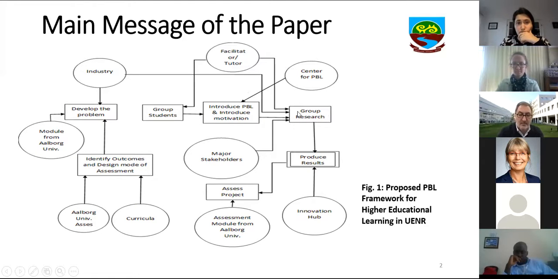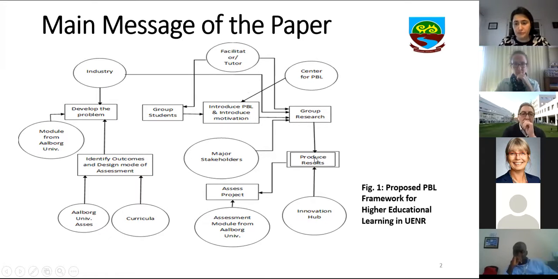Now, at any point in time they get stuck, they either fall onto the major stakeholders, or the facilitator, or the industry, or sometimes even their other research groups. Now, whatever they come out with becomes the final results of whatever research they have done.